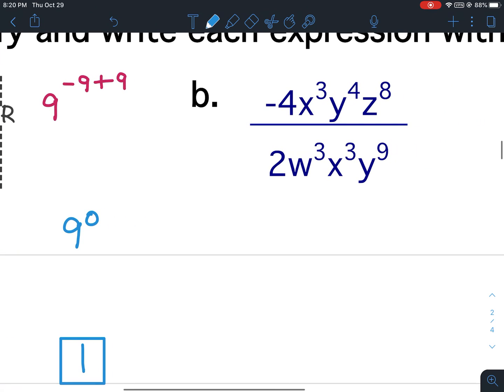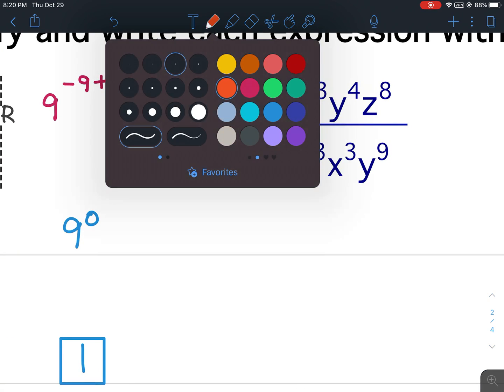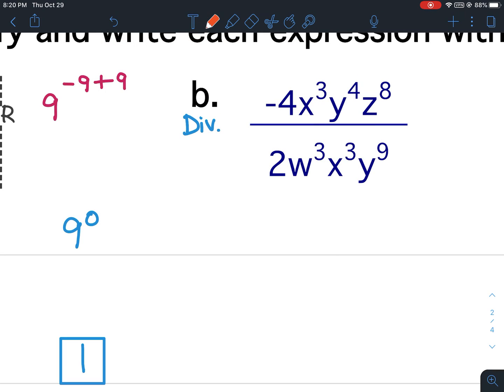So for this one, we're going to divide. I'm going to start with my coefficients. Negative 4 over 2 simplifies to negative 2. I have an x term on top and bottom. X to the third and x to the third are going to cancel out because 3 minus 3 is 0.